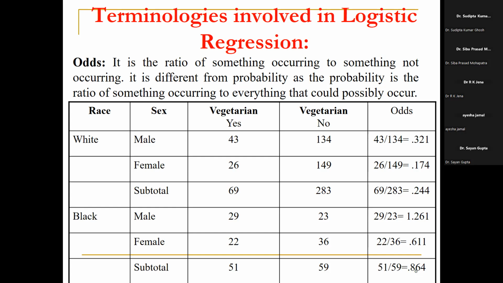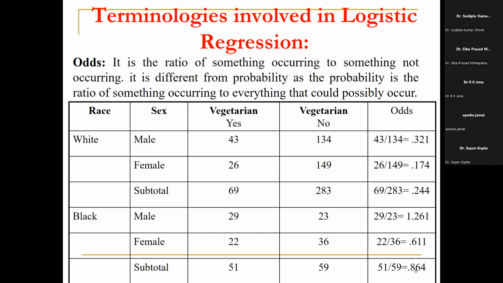With respect to gender, we have male and female, and our output variable is vegetarian: yes, that person is vegetarian, or not vegetarian.